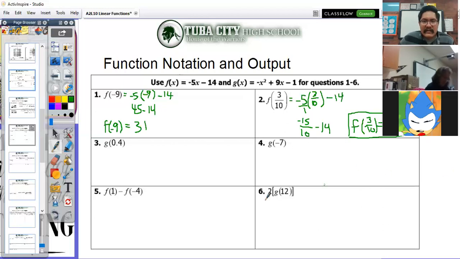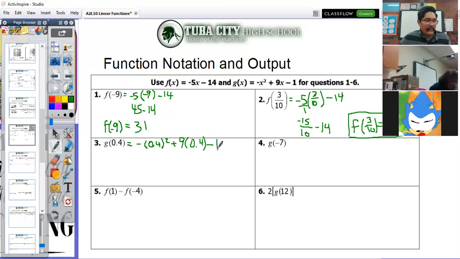All right, so let's go ahead and do G of 0.4. So G of 0.4, plug in 0.4 in there. Now there's a negative already with the function, so you don't need to worry too much about, oops, the 9 with the x needs to be replaced with a 0.4 minus 1.